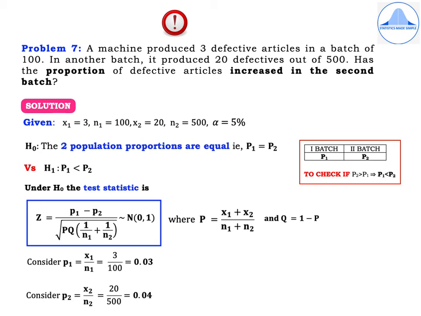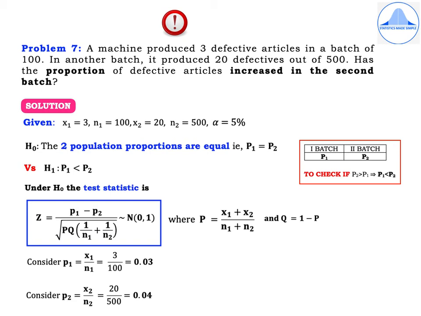Now write H naught: the two population proportions are equal, that is capital P1 is equal to capital P2. In the red box, I have mentioned that the first batch has the proportion of defectives in the population as capital P1, and the proportion of defectives in the second batch in the population is capital P2.